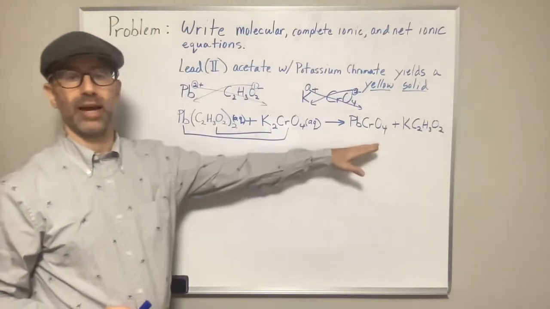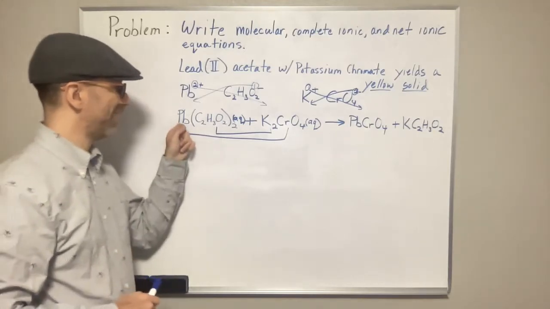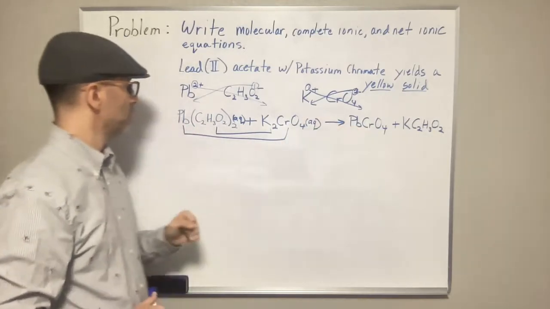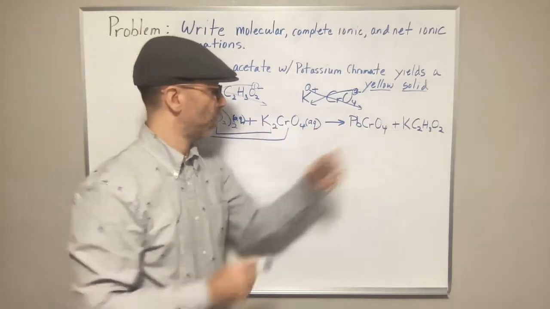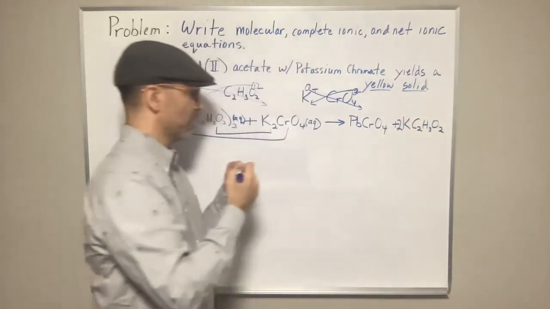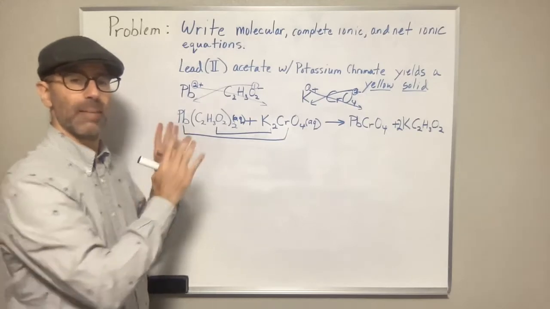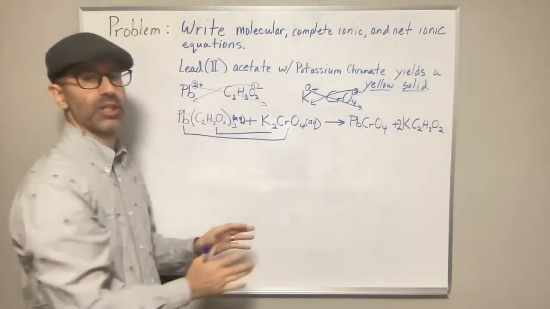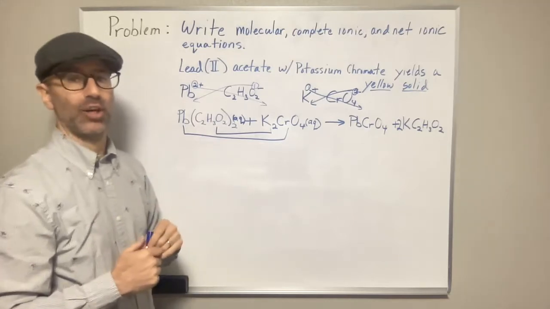So now once we have the products here, we can balance the equation. So I have 1 lead, 1 lead. I have 2 potassium. I only have 1 potassium here, so I'm going to need a 2 coefficient. Notice I'm not changing subscripts. Once you have the correct formulas, you're not changing subscripts because that'll change the formula, and you don't want to do that.